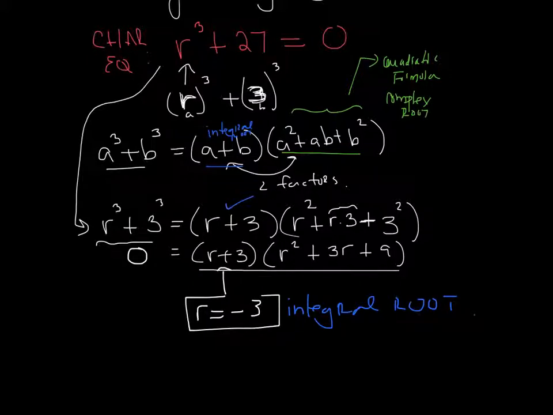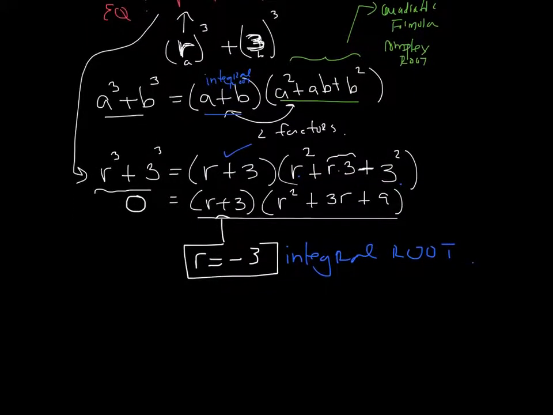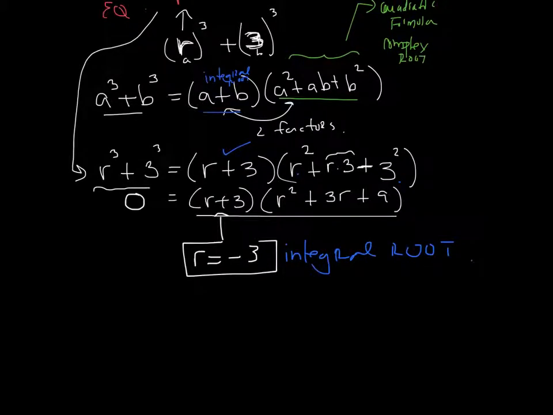But again, what about this other factor, which is still in blue? Okay, so let's factor it. Let's use the quadratic equation. So I'm going to use the quadratic formula on this.